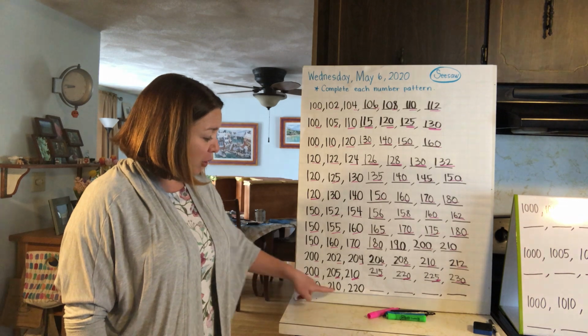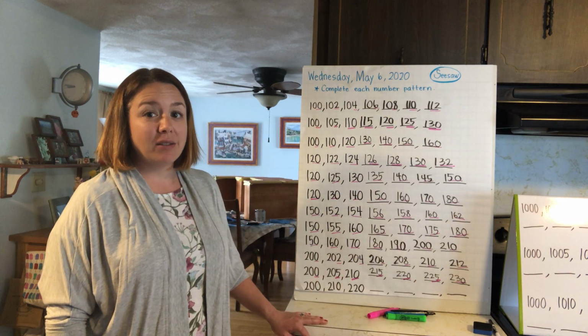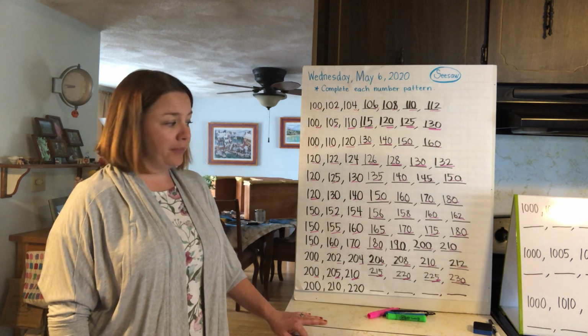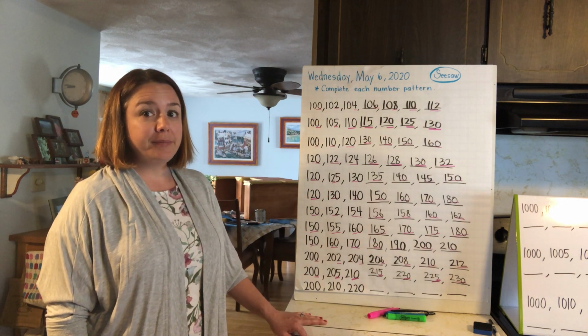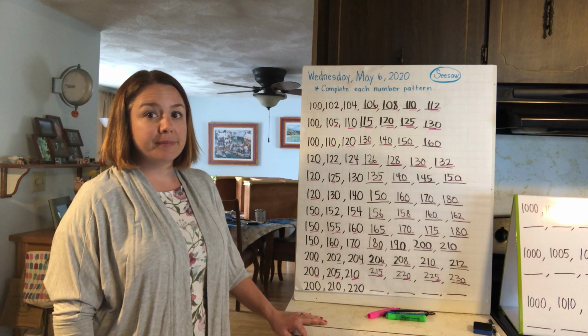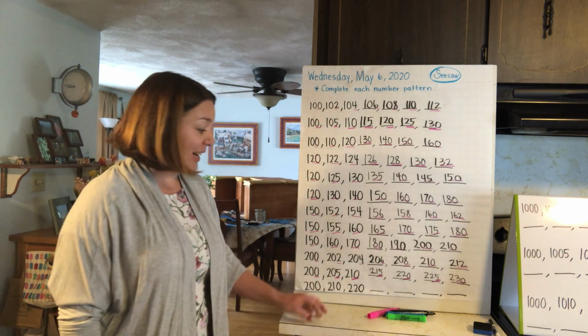200, 210, 220. What comes next? Write the next four numbers. All right, I'm counting by tens.